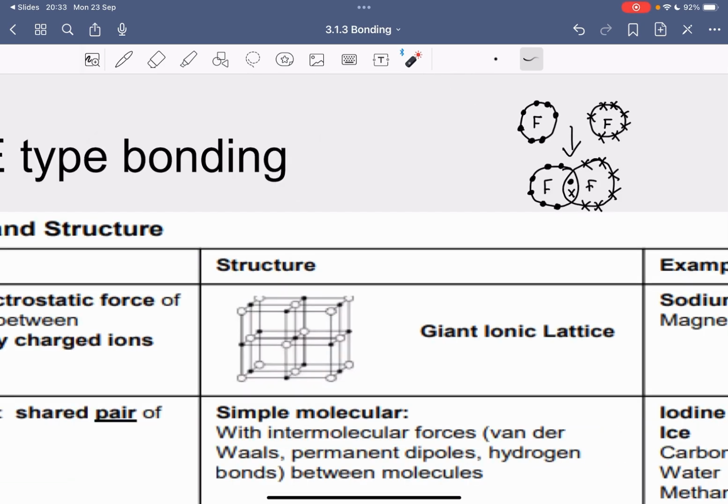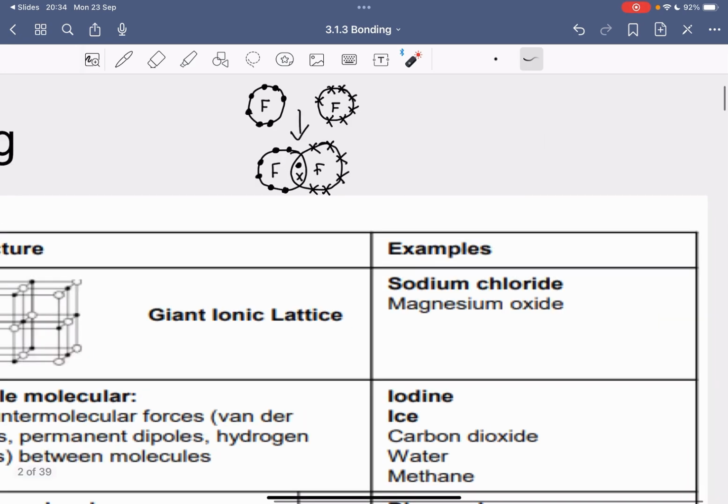So when you have a structure that's covalent, normally the structure is something called simple molecular, and this has intermolecular forces. We're going to focus more on that in a later video, and this is between molecules. Okay, so yeah, that's a whole other video. And this is normally within structures like iodine, ice, carbon dioxide, water, and methane.